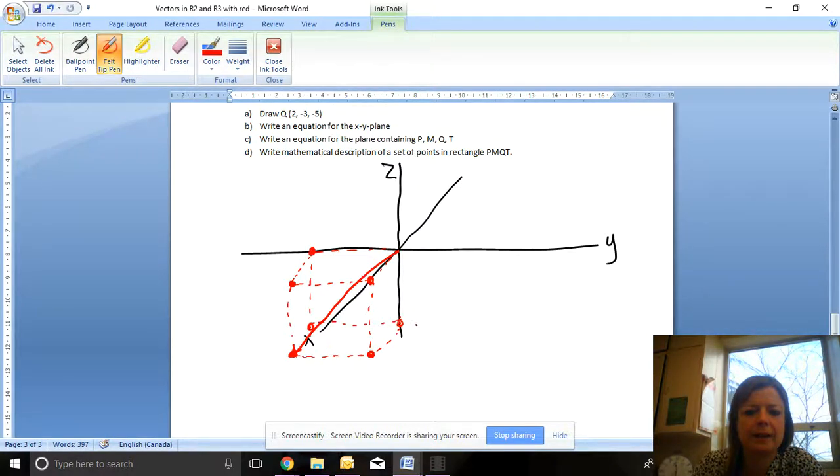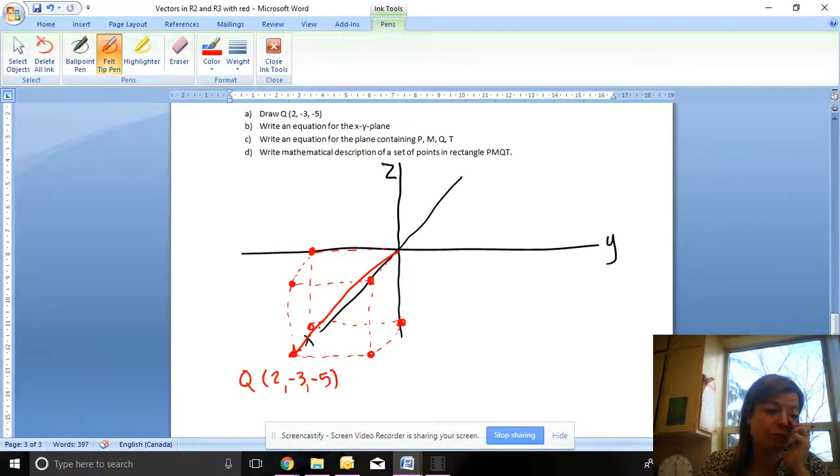There we go. So this is the point Q, (2, -3, -5). So I went up 2 and then left 3 and down 5 to get to Q. So there's my vector.